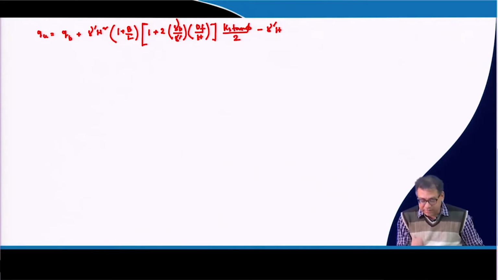Now, remember that this equation is applicable, it is not in general again. This equation is applicable if the water table is at the base of the foundation, remember that.